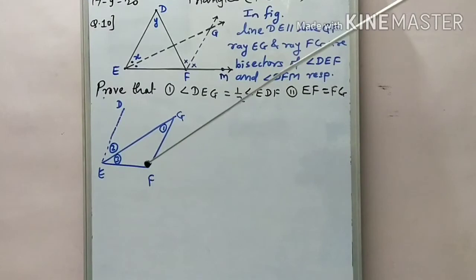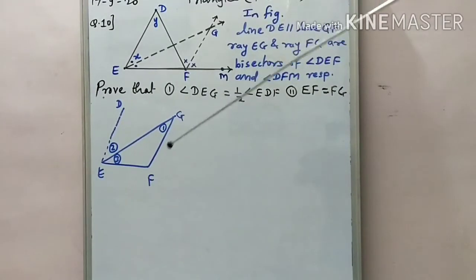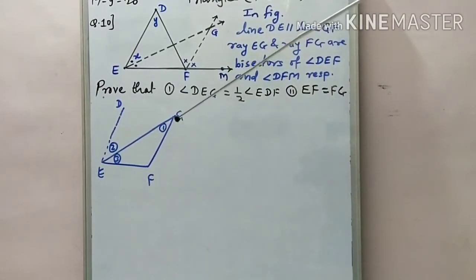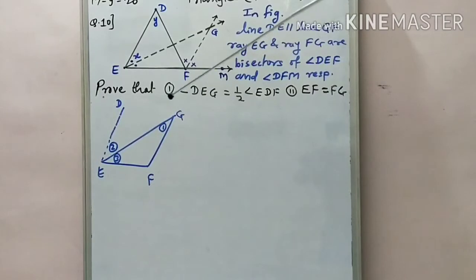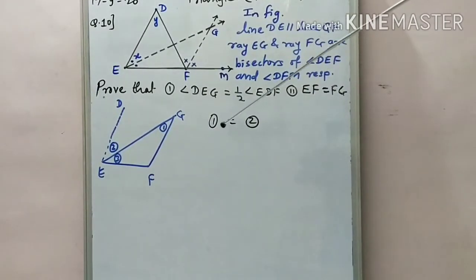So pay attention to what we do here. As DE and FG, or GF, are given as parallel, and as we take this EG as a transversal, what do we get? The first and this second angle are what? Alternate pair angles. So we can write that the first angle is equal to the second angle.